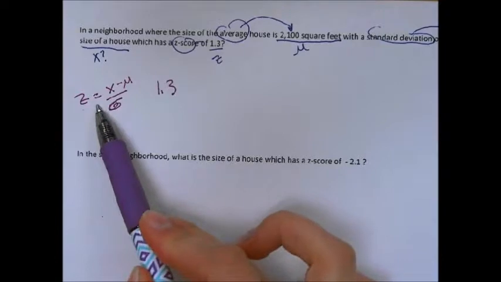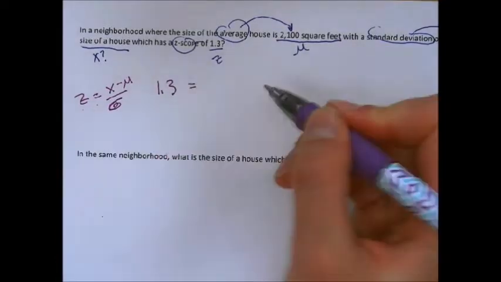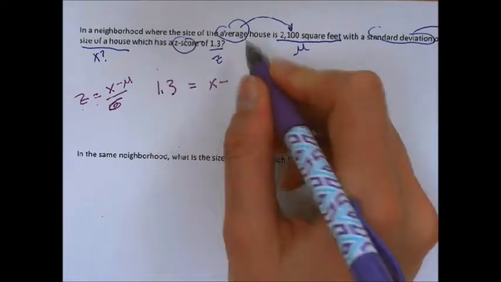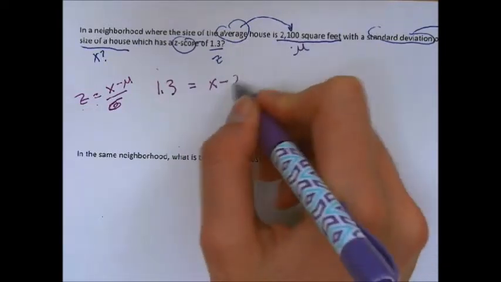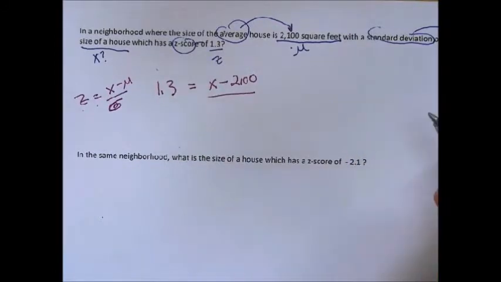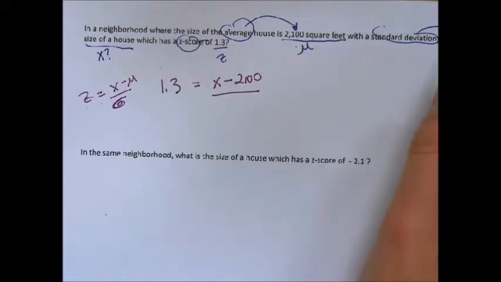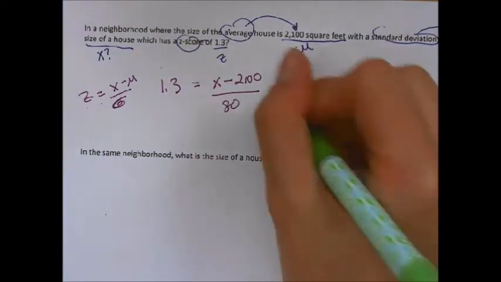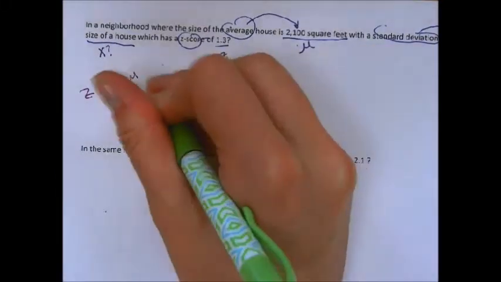So our z-score equals x, we don't know what x is, our average is 2100, and our standard deviation is 80. Now we have to solve for x. So we're going to times by 80.